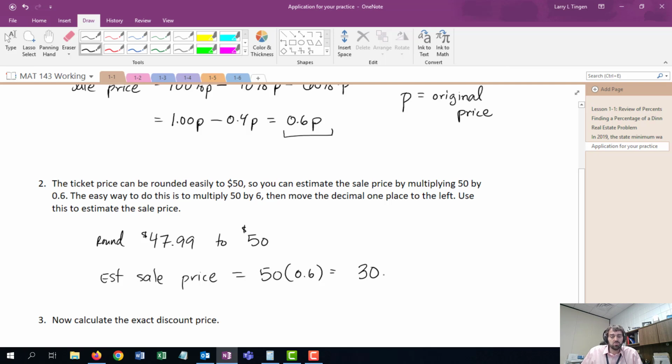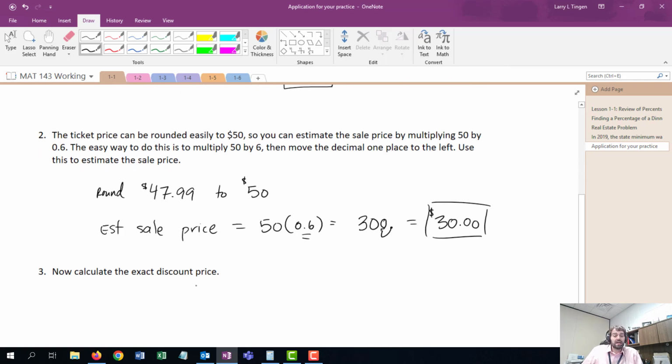So where does that put me? 50 times 6 is 300, and my factor has one decimal place in it, so I need to move over to the right one place. So I'm looking at an estimated price of $30.